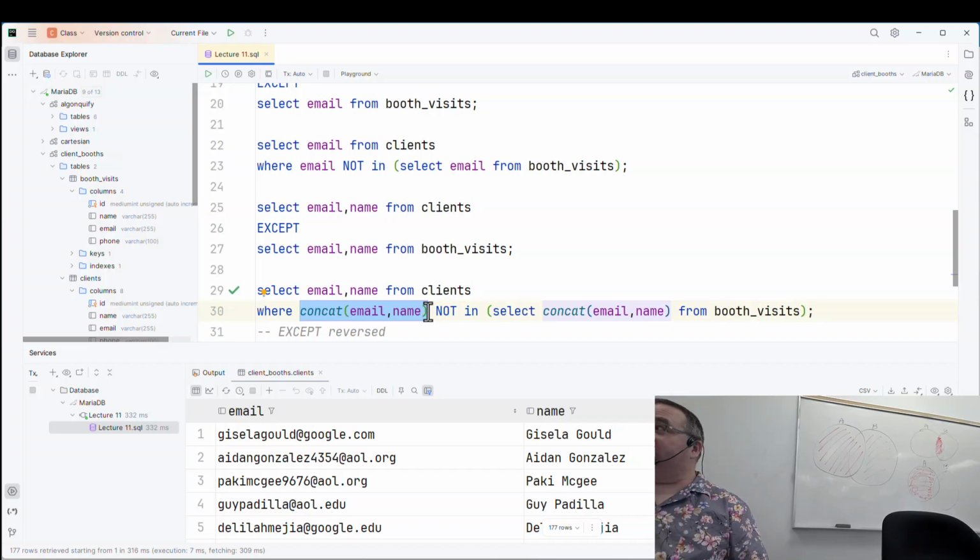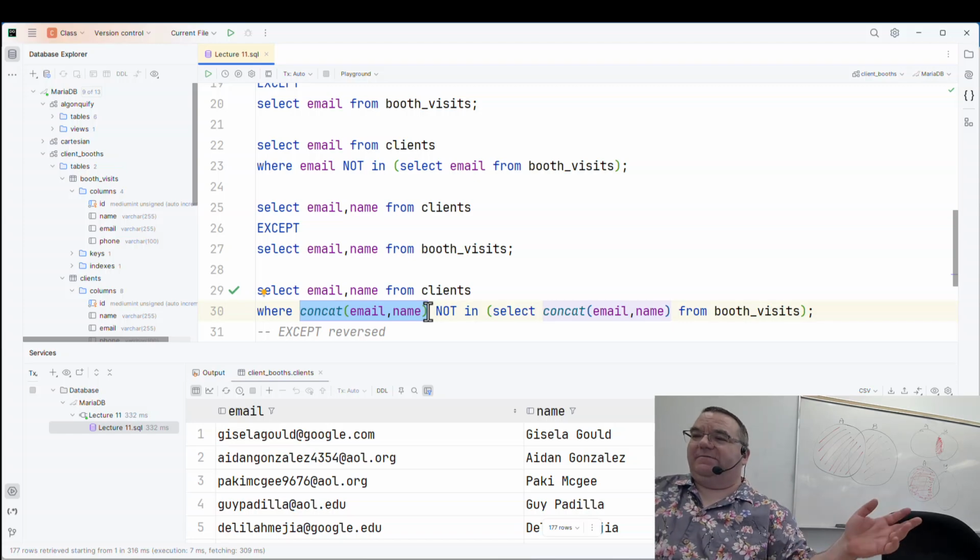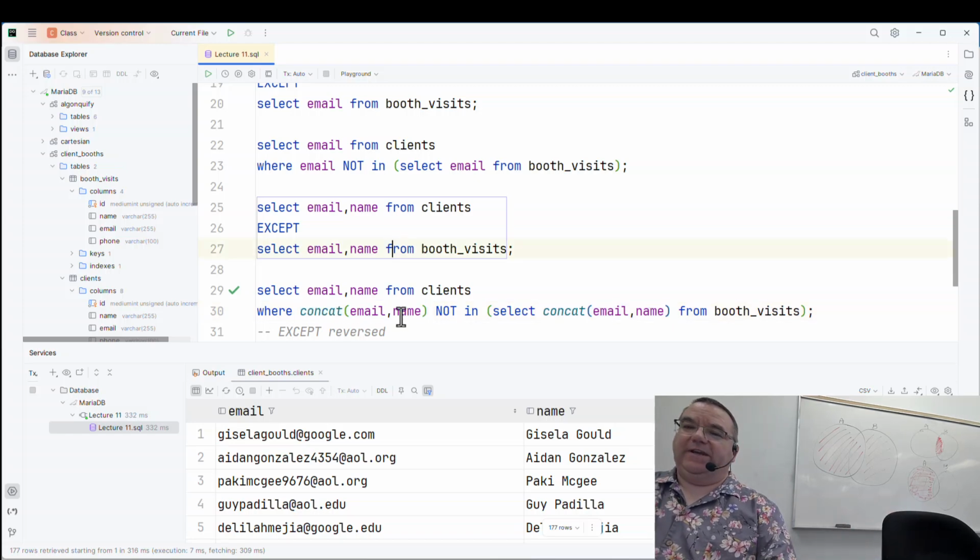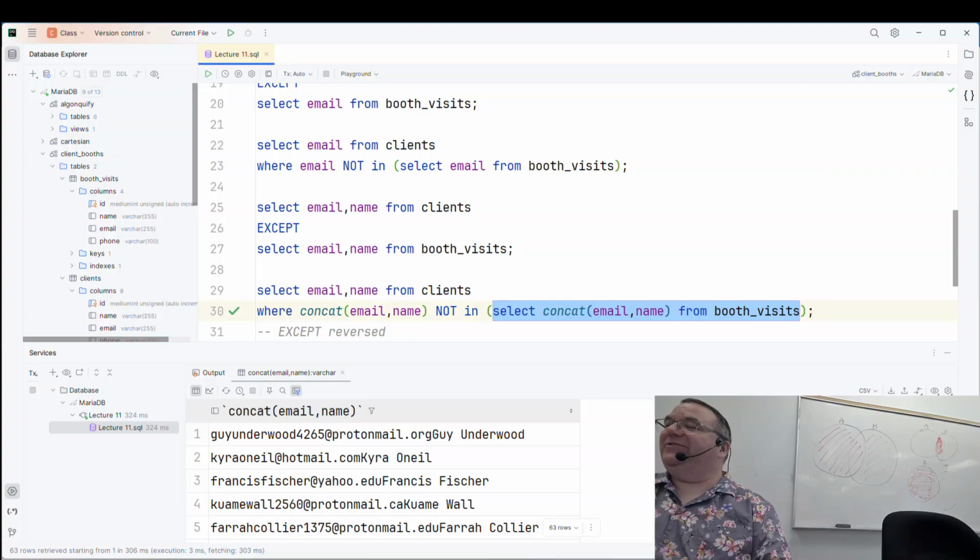So PHP has an operator for concatenation. Databases have either functions or operators for concatenation. Postgres, it's double pipe. Double pipe is gluing things together. So what I'm doing here is I'm building a concatenated version of the fields, which looks like this.